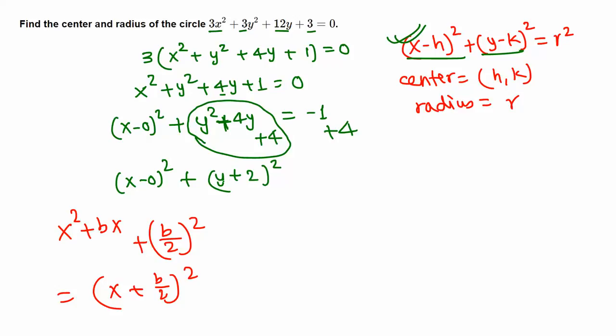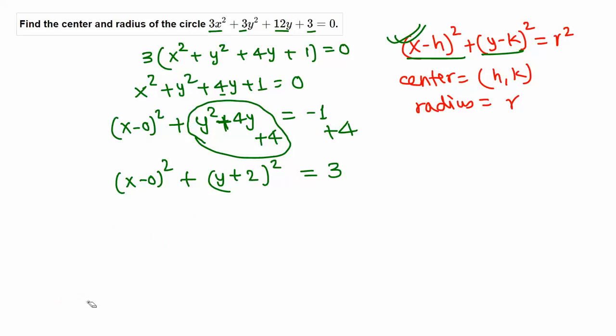By the way, if you FOIL y plus 2 with y plus 2, you're going to get back y squared plus 4y plus 4, which is equal to, on the right side, negative 1 plus 4, which is 3. So we just put the given equation in the standard form.